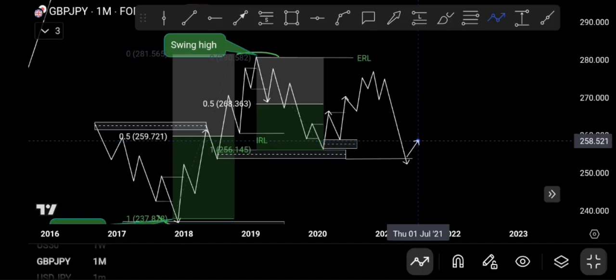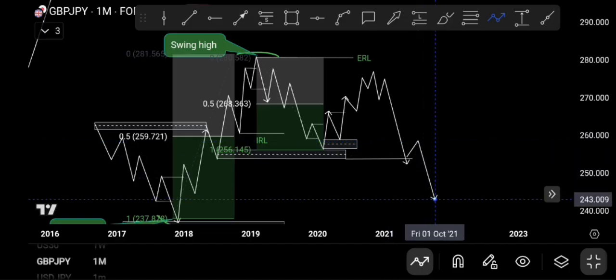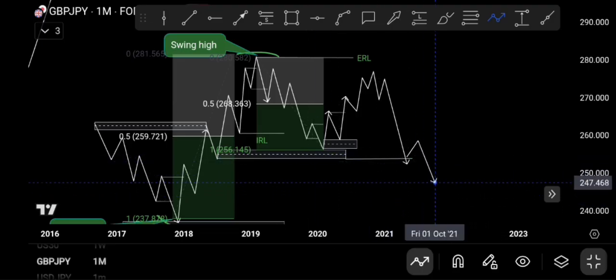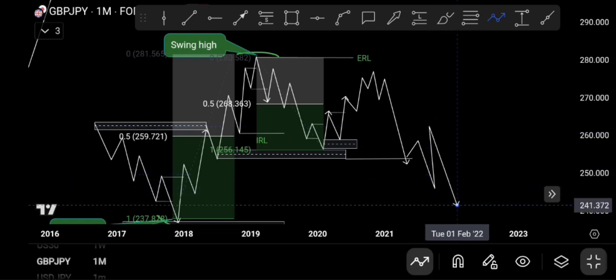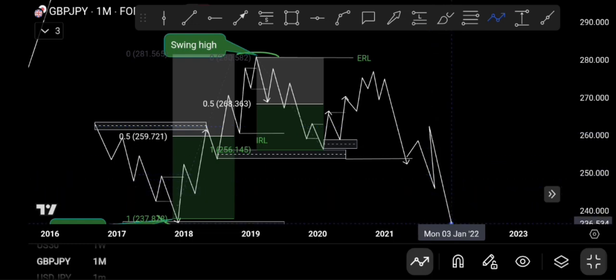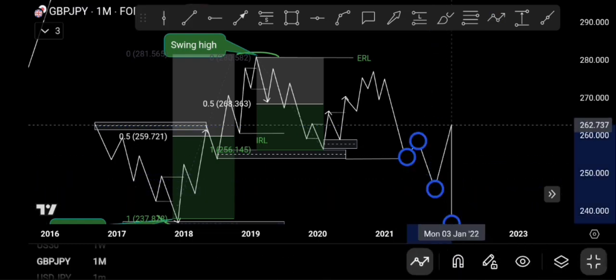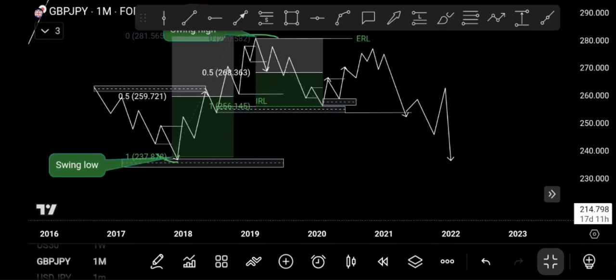gives us a break. And when demand fails, what happens? When demand fails, supply comes in. Now this is where you want to target your swing low. You understand?